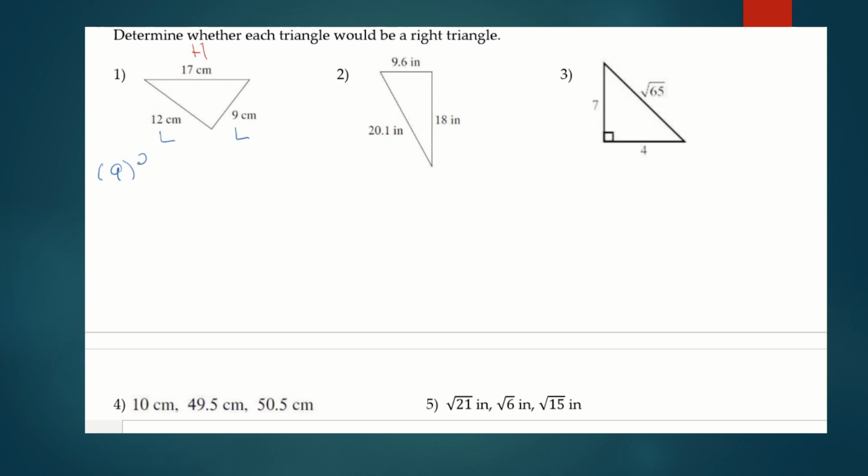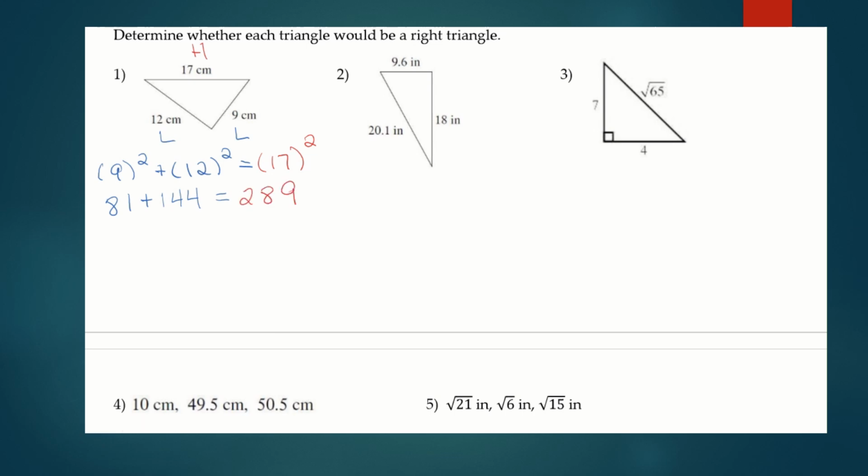Plugging these values into my formula, again, a squared plus b squared equals c squared. 9 times 9 is 81, plus 12 times 12 is 144, equals 17 times 17, which is 289.